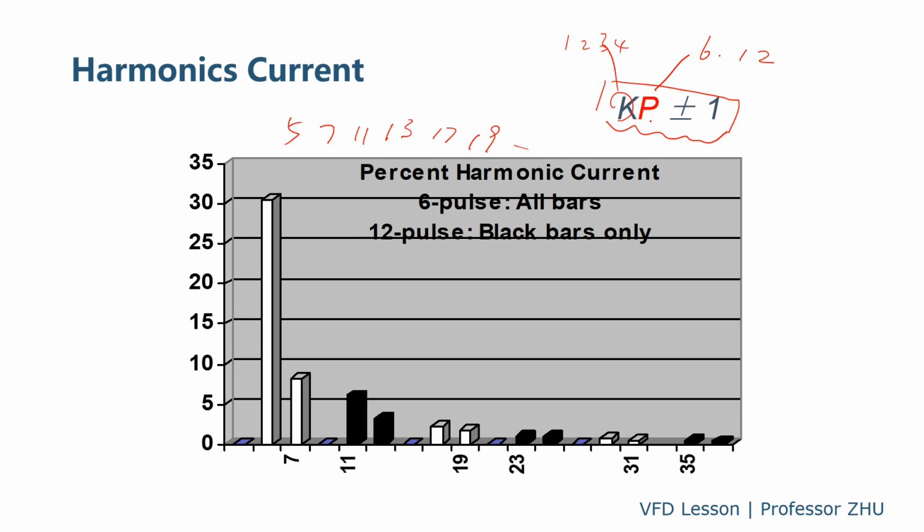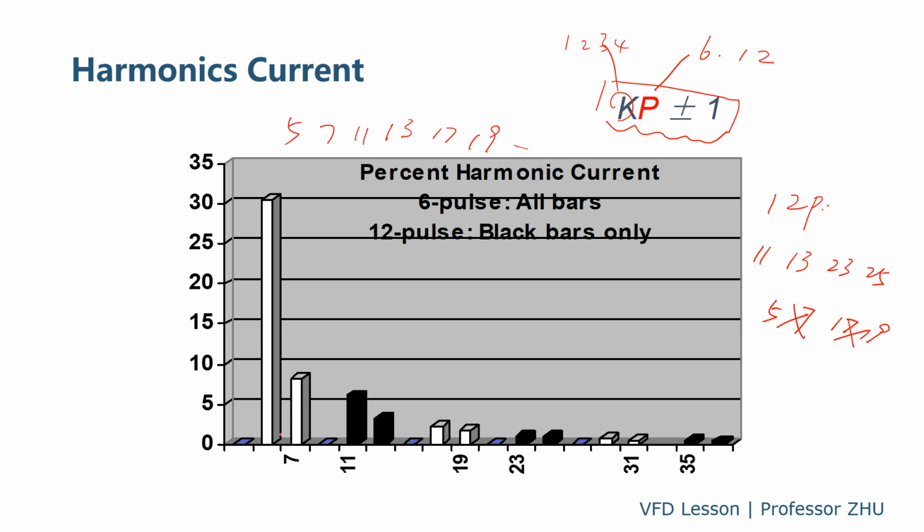So for the 6 pulse, you have 5, 7, 11, 13, 17, 19, and so on. For the 12 pulse, you have 11, 13, 23, 25. You don't have the 5 and 7 and 17 and 19, so they are cancelled theoretically. But from an engineering point of view, there are still some harmonics left, but at a very low level.